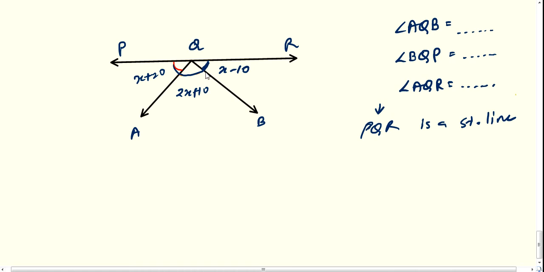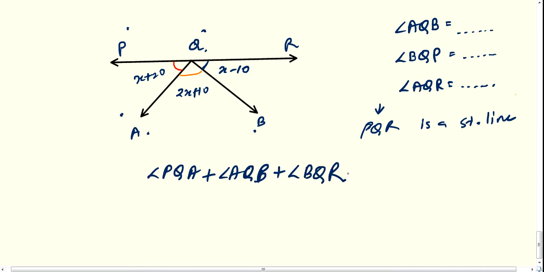So the first angle is angle PQA plus angle AQB plus angle BQR. Like this you can write.